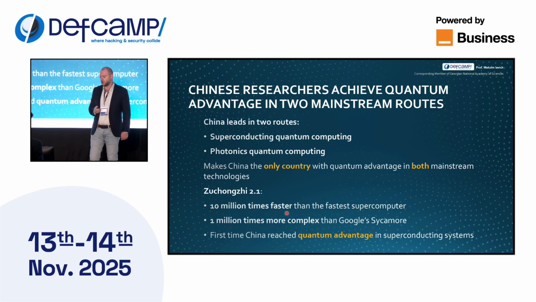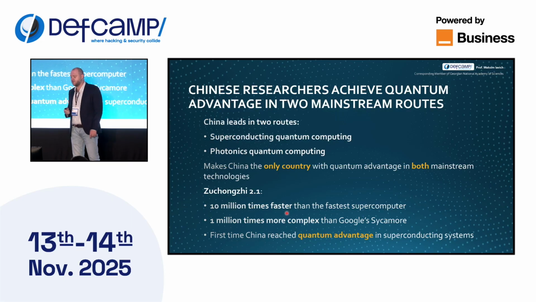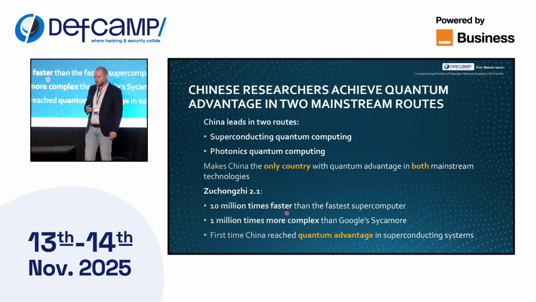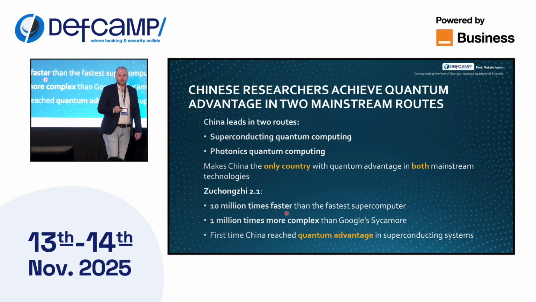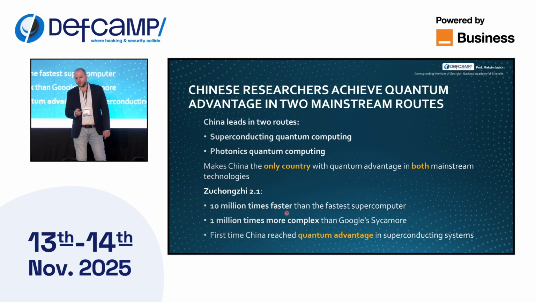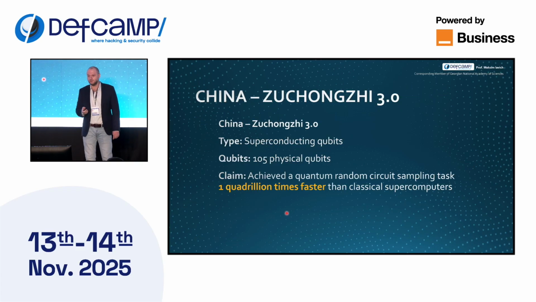Their computer, the so-called Zhuchongzhi, I'm not sure if I pronounce this well, was 10 million times faster than the fastest supercomputer. It was 1 million times faster than Google's Sycamore.